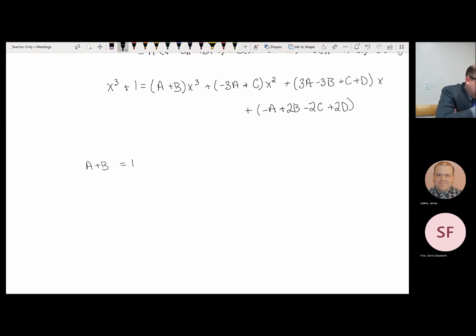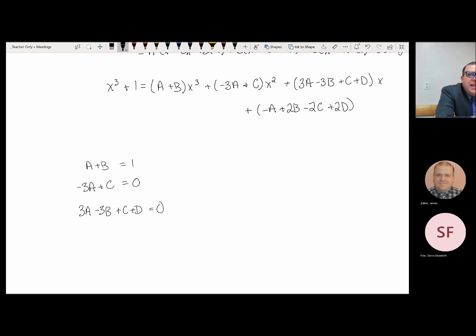Right? Negative 3a plus c is going to have to be 0. 3a minus 3b plus c plus d also has to be 0.